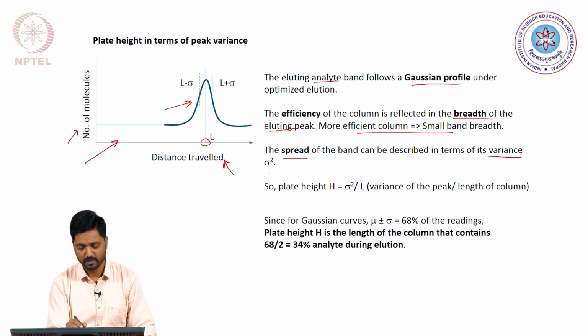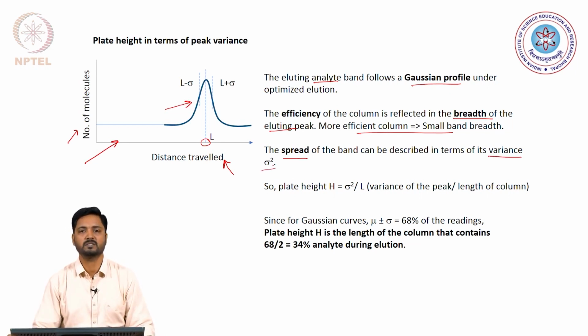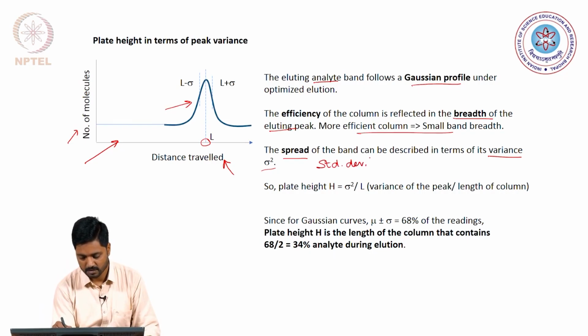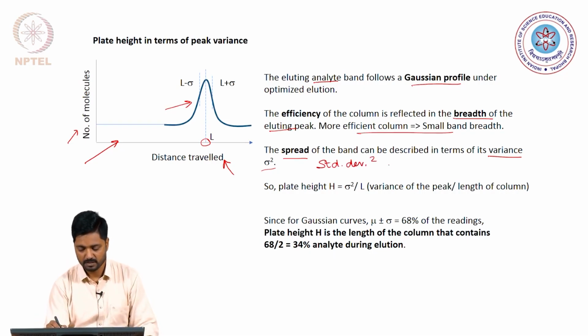We have studied in the previous classes that for any Gaussian profile we can describe the spread of the curve in terms of the variance, and that is nothing but the standard deviation squared, where sigma is the standard deviation.